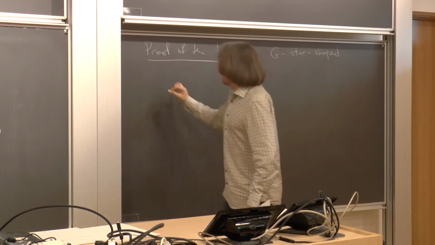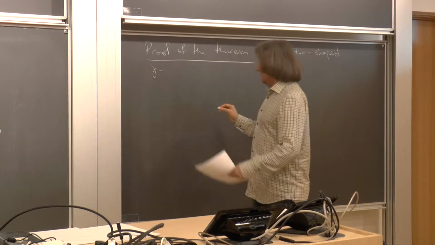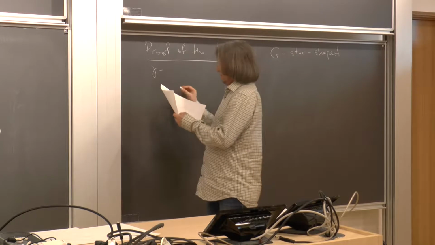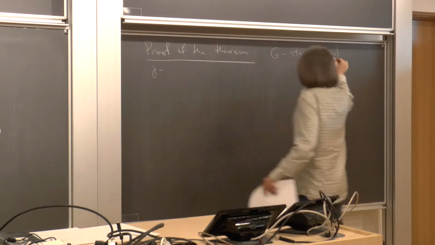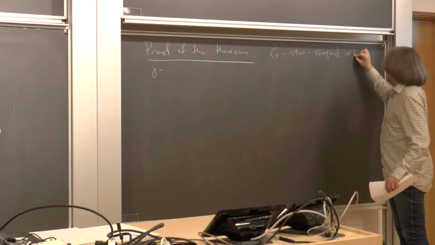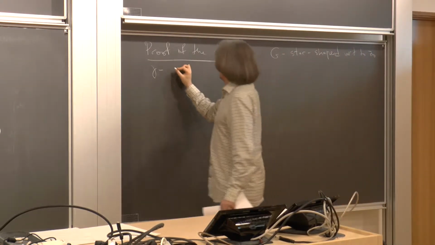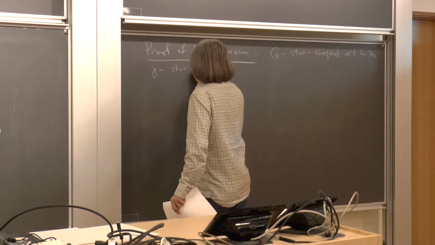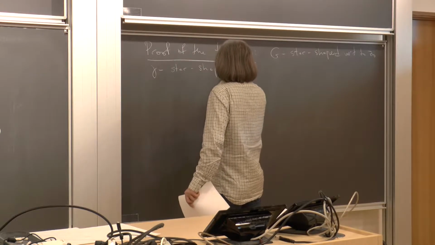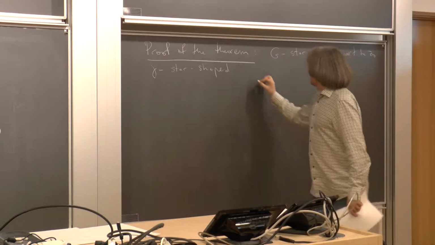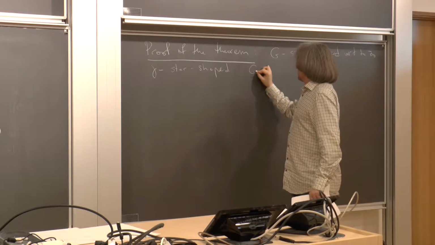The path gamma is a staircase path, star-shaped with respect to some point. So we don't do the general case.